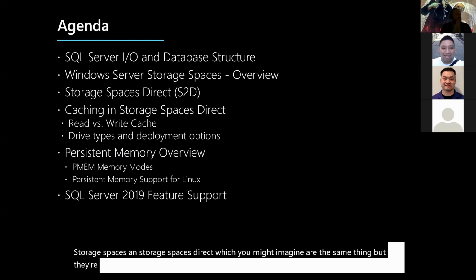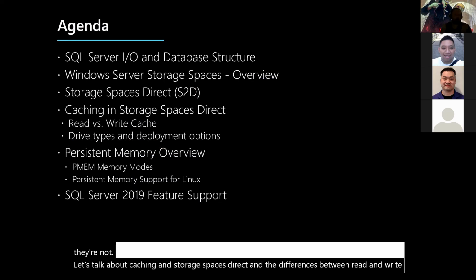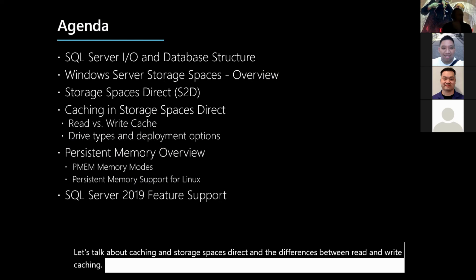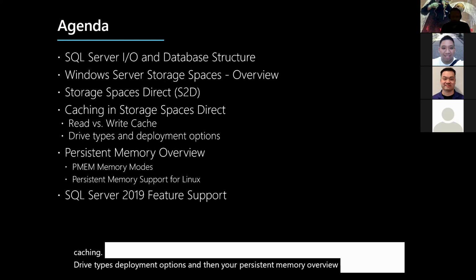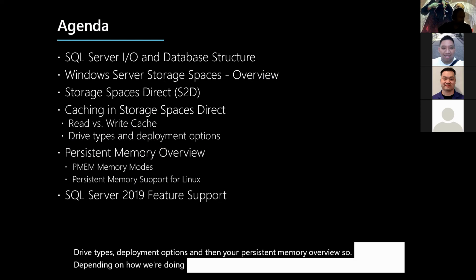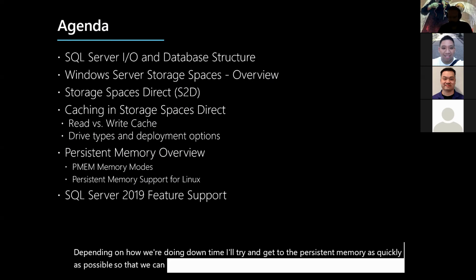We'll talk about caching in storage spaces direct and the differences between read and write caching, drive types, deployment options, and then your persistent memory overview. Depending on how we're doing on time, I'll try and get to the persistent memory as quickly as possible so that we can spend a good bit of time there.